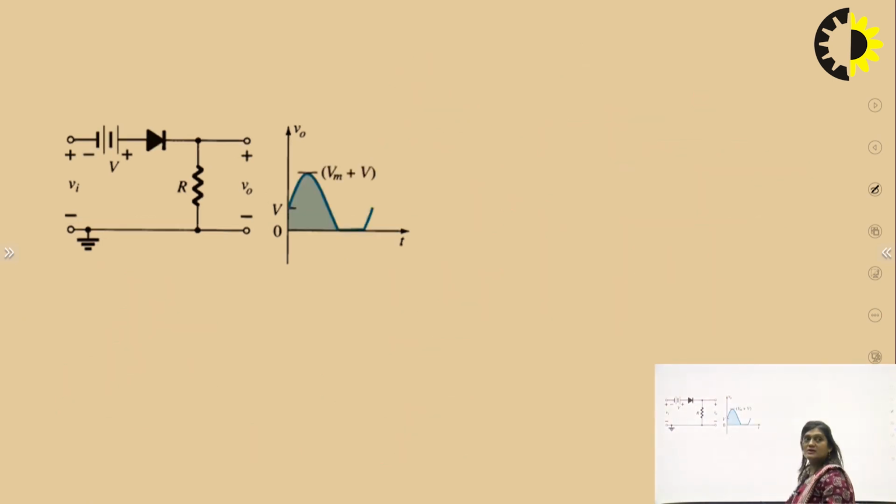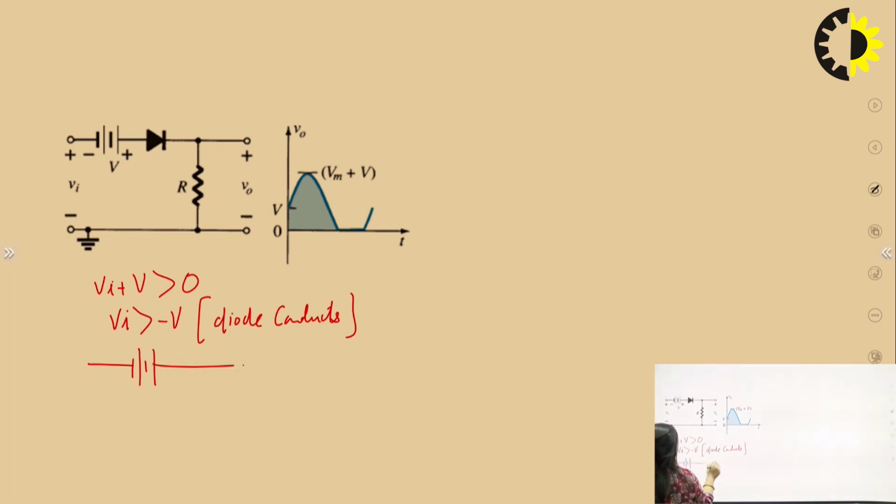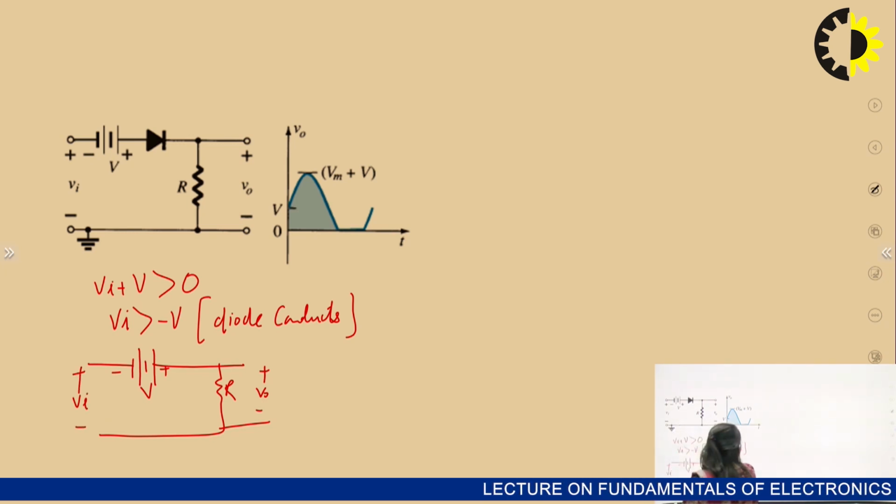Now the next waveform. Again here we have to find the condition where the diode will conduct. So here the P plate potential is Vi plus V, and it will be greater than 0, so Vi greater than minus V. For this condition the diode conducts, and the equivalent circuit will be like this.